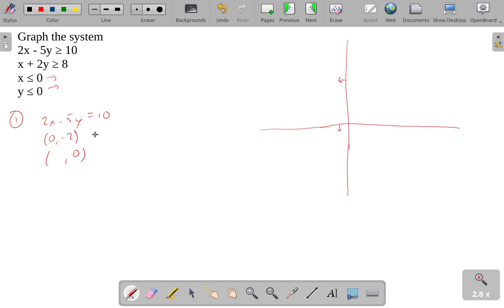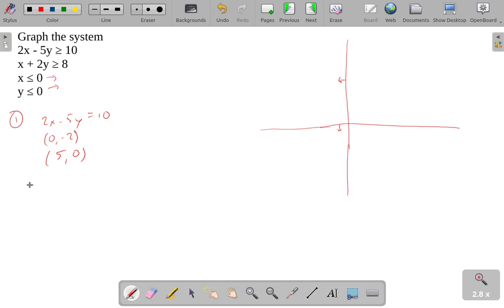Similarly, if the y coordinate is 0, we get 2x equals 10, thus x equals 5. So we get the point 5, 0. This is nice, it can be much quicker doing it this way, and can actually be a lot nicer to find the x and y intercept than using the slope-intercept form for a lot of these points, which is why I'm doing it so much.